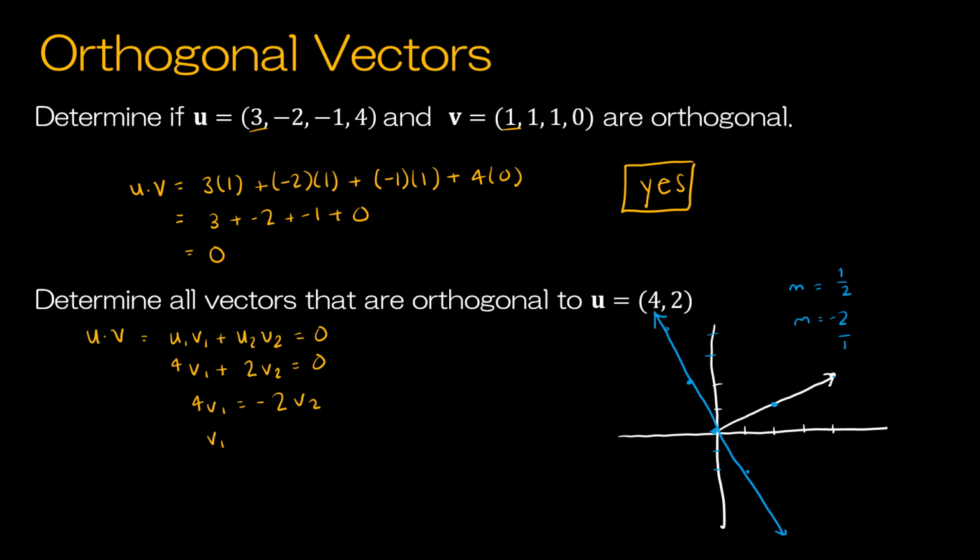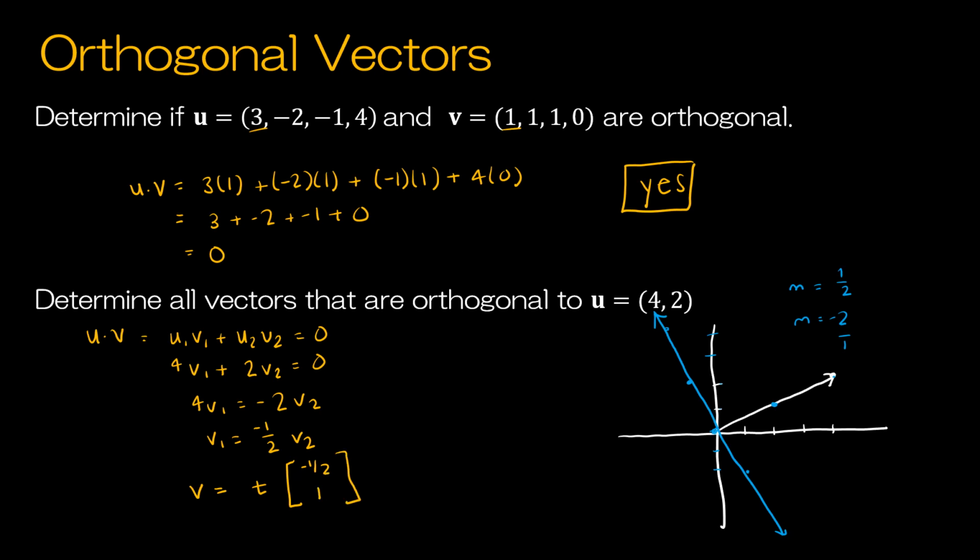Dividing by 4, v1 has to be -1/2 v2. So really I can draw this, or I can write this like a parametric equation. I can say any of those vectors, v, would have to be some value, we'll call it t, times (-1/2, 1).